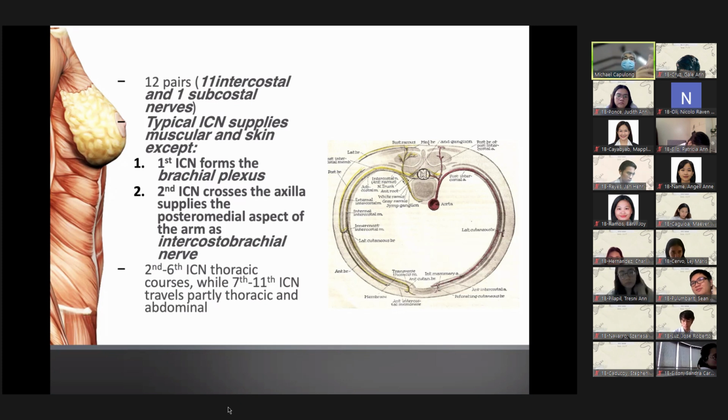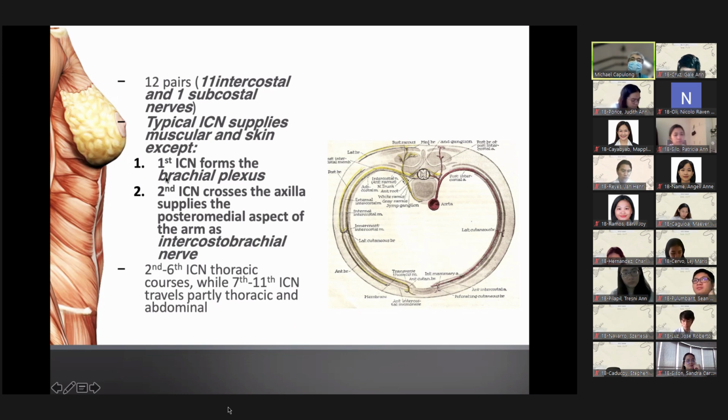So insofar as the nerves are concerned, you have 12 pairs, 11 intercostal and 1 subcostal nerve. So typically, your intercostal nerves will supply the muscles and the skin. Okay?